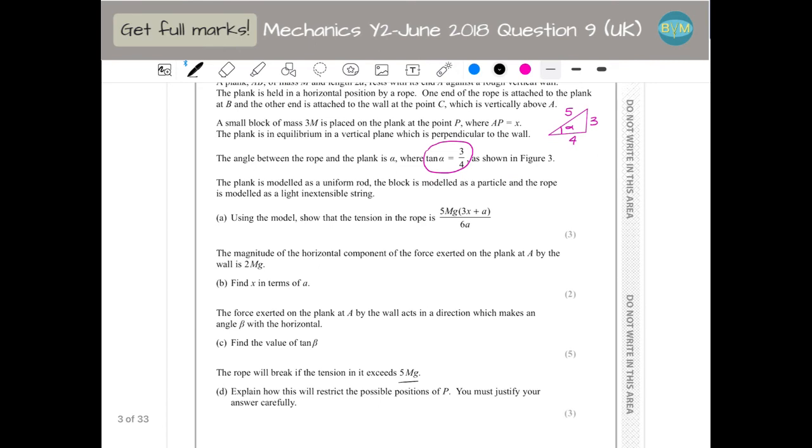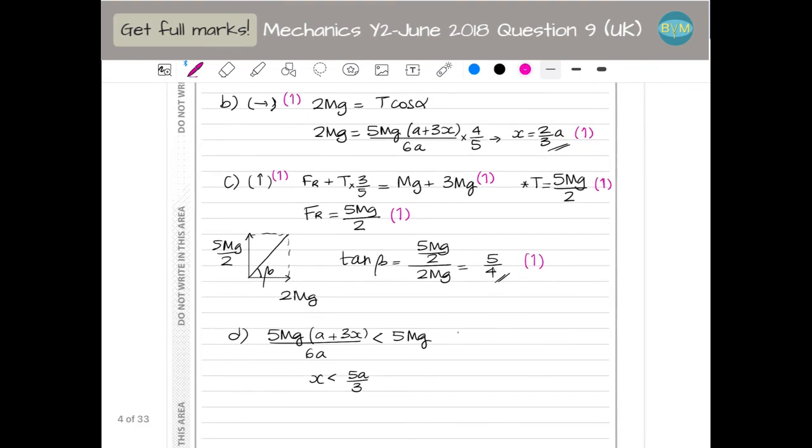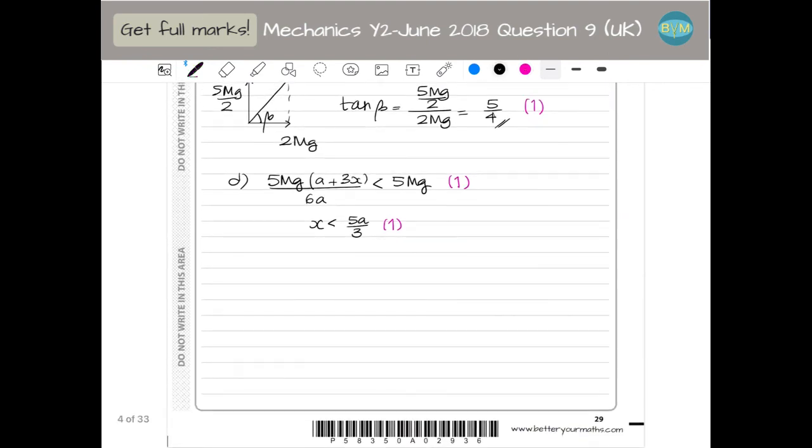This is 3 marks. 1 is for writing the correct inequality. Second one is for solving it, and the next one is for your conclusion. So you have to say a line, something like the string will break if the block is farther, for example.